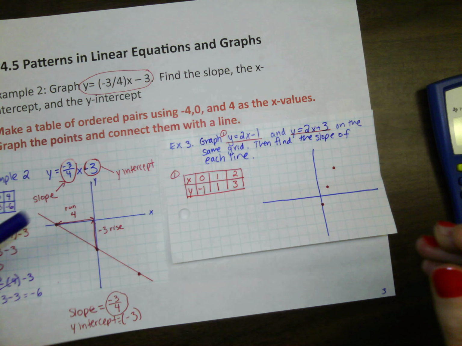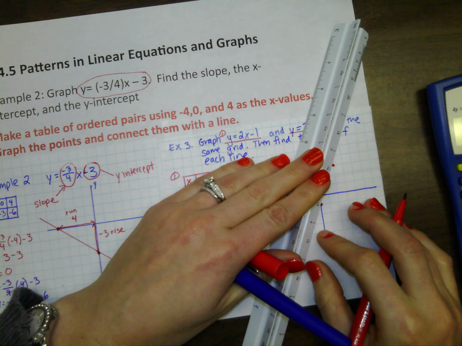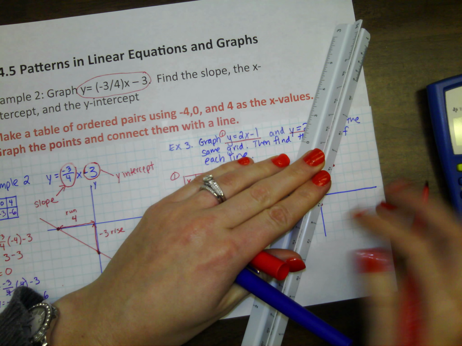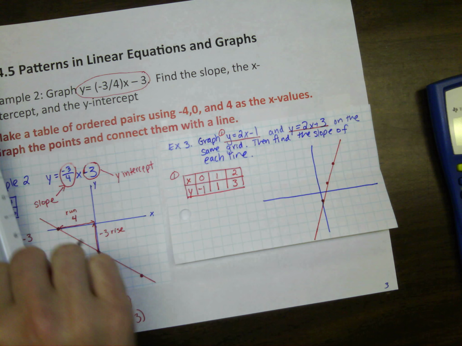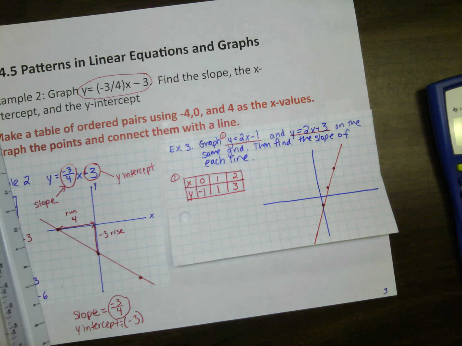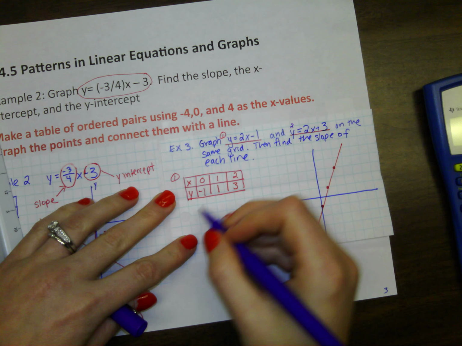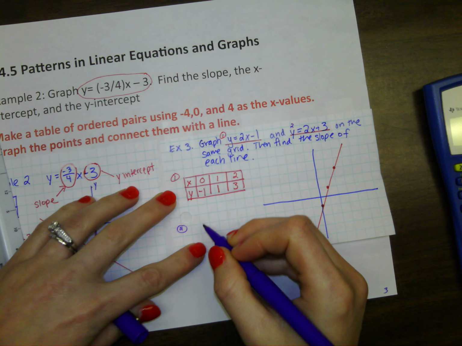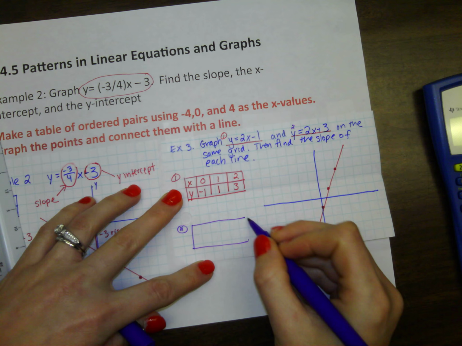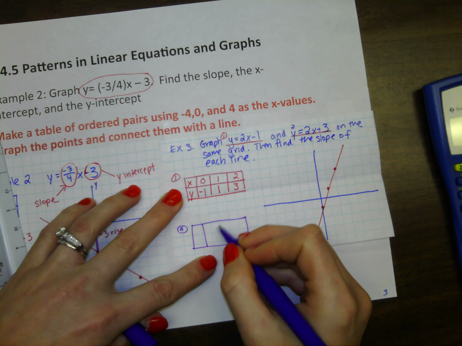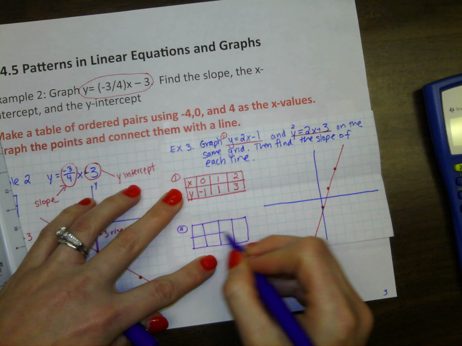When x equals 1, that would be 2 minus 1. This will be 1. When x equals 2, it's going to be 4 minus 1, which is going to be 3. So we could go ahead and plot that in red. So 0, -1 down here, 1, 1, and then 2 and 3.